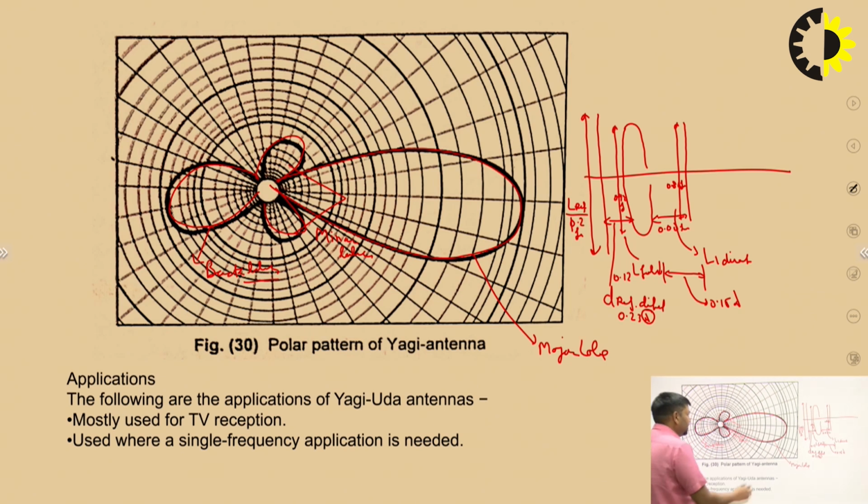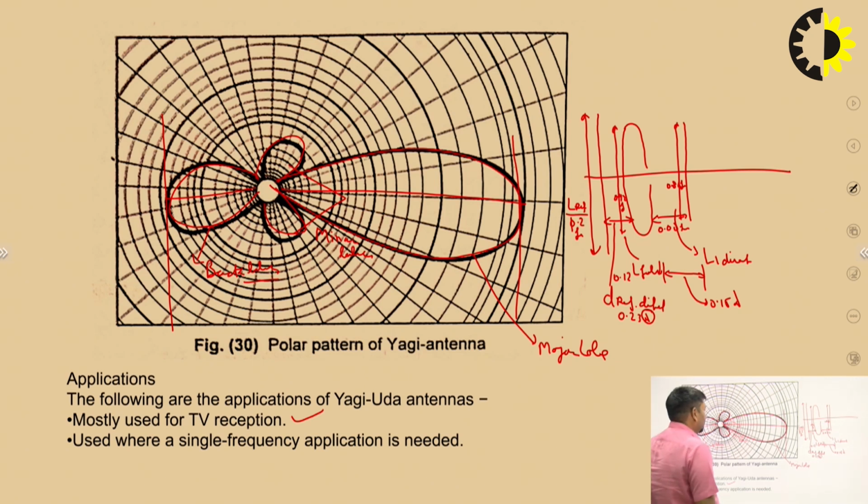That means if we measure the major lobe intensity and the back lobe intensity, the ratio of these is high in a Yagi antenna. So this is very useful for TV reception and where single frequency application is needed. This is the application of the Yagi antenna.